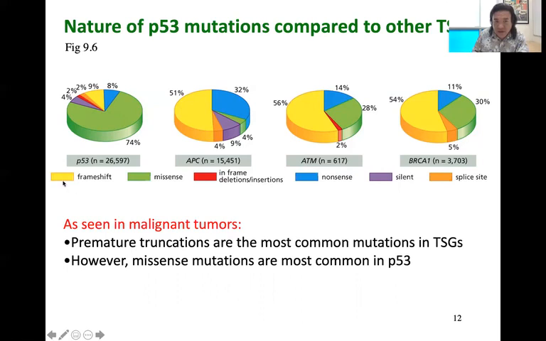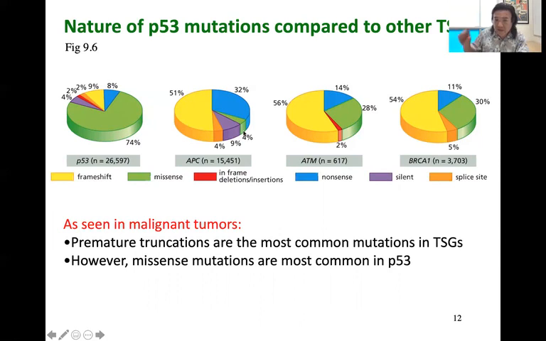So that's caused by frame shifts that result in a premature stop codon. So therefore, the gene or the protein product, not all of it gets made. Relatively few of them in APC are due to things like missense mutations.